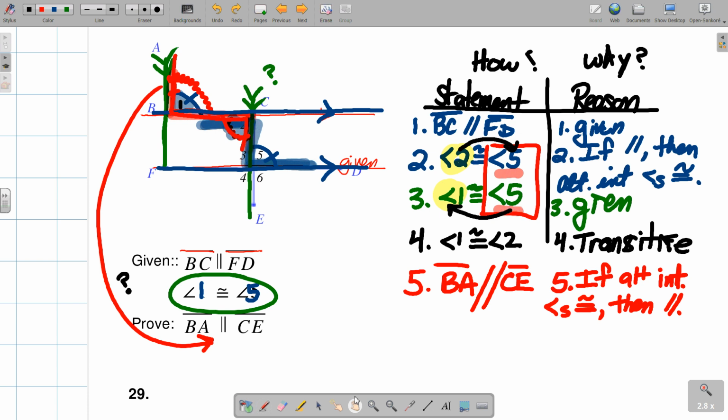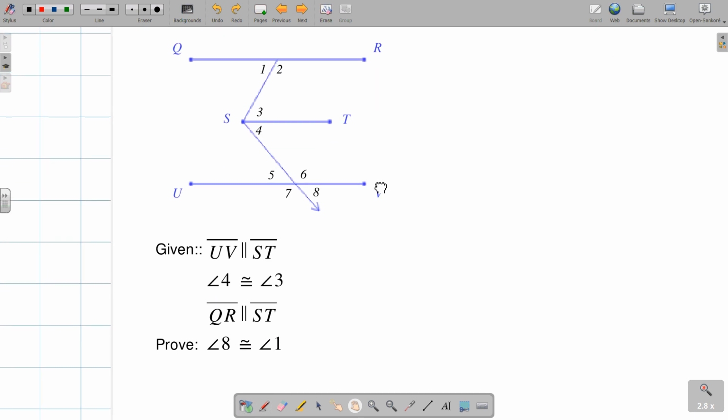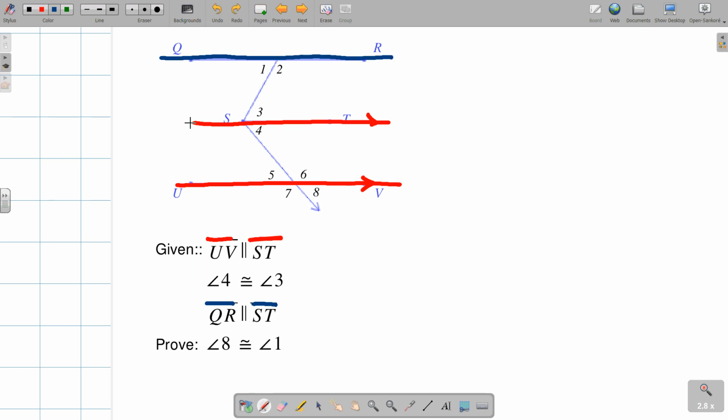Let's try one more, see if you guys have it. So don't freak out how complex this is. This is not that hard. Let's look at what we know is true for sure. We know that UV is parallel to ST, that's given. Helpful if you color code this. Then I also know that QR and ST are congruent, and QR and ST is well done.